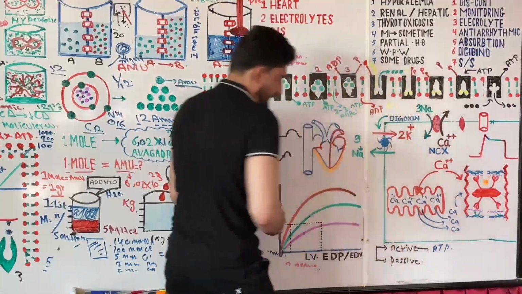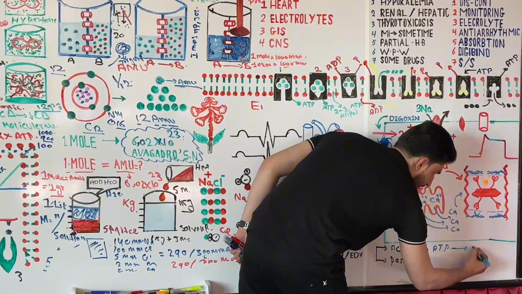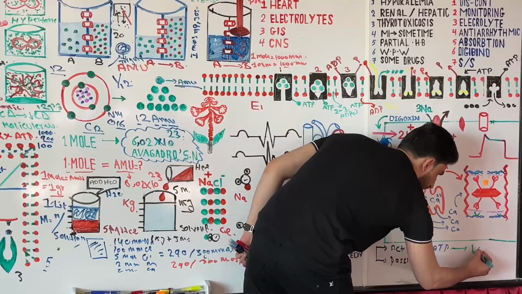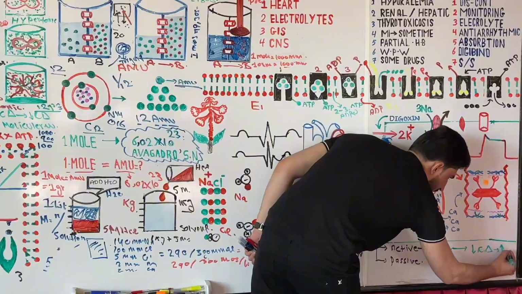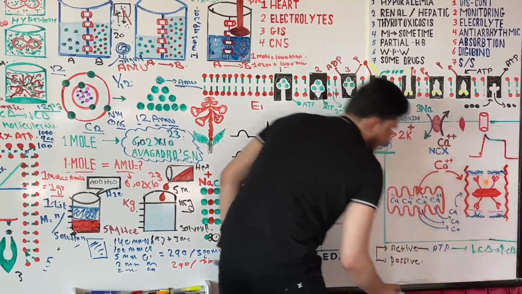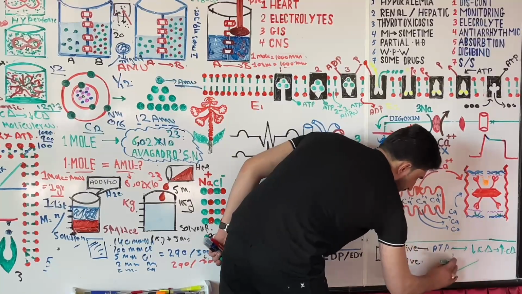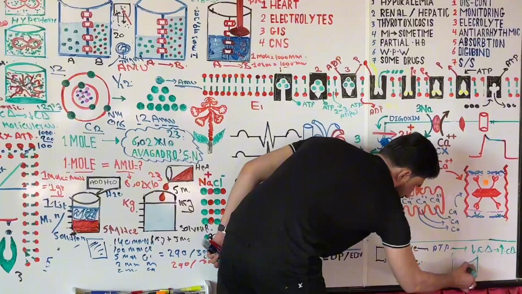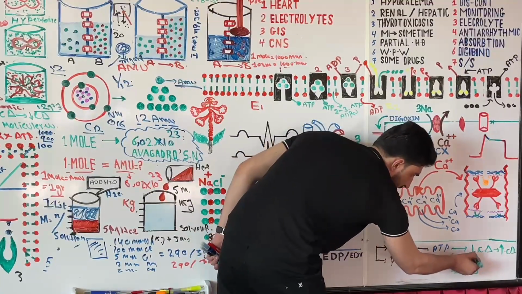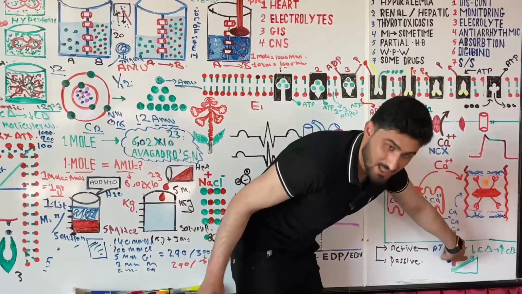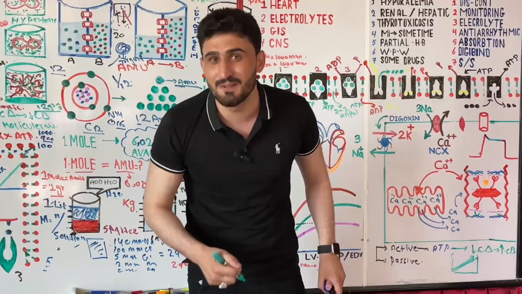And in active transportation, we move substances from low concentration gradient to high concentration gradient. What does it mean? For example, from this area of low concentration, we move substances to this area of high concentration by the power of ATP, by the force of ATP.